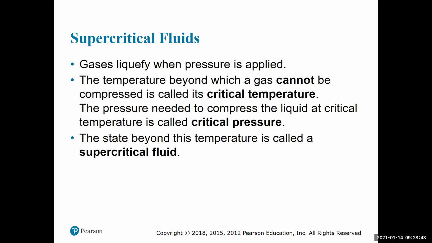So we'd said all along we have solids, liquids, and gases. Those are our 3 states. Well, that's not exactly true. There's something called supercritical fluids. And we'll see a diagram in a bit, which kind of shows you the transitions between these phases. And I think it'll be a little more clear then.